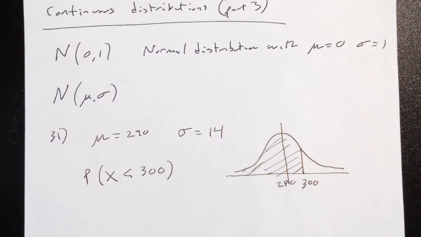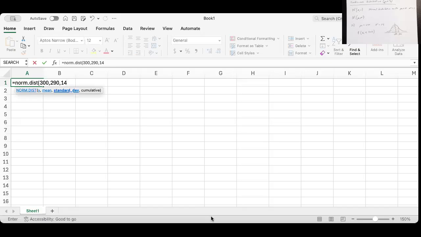Because I'm looking from all the way on the left up. That's cumulative. So now I can go back here to Excel and say, oh, the correct flag to put on the end of that is a 1. That command will give me the answer.